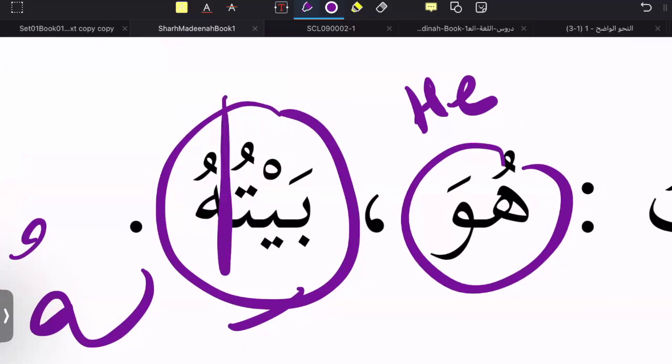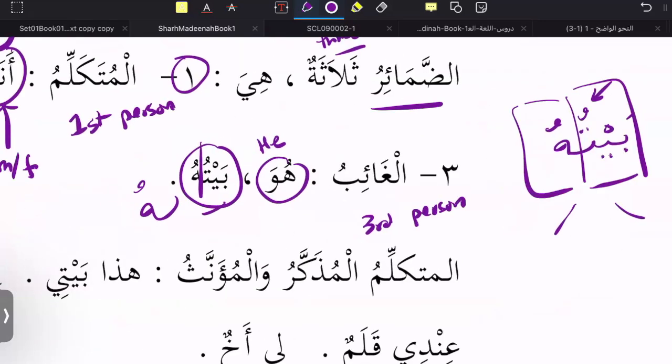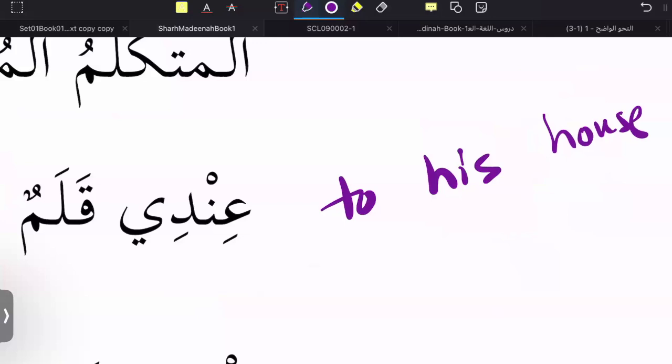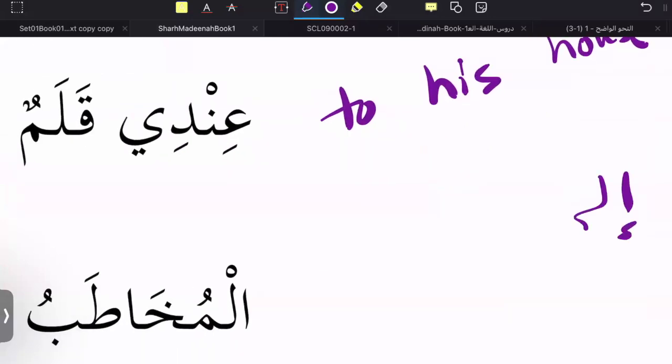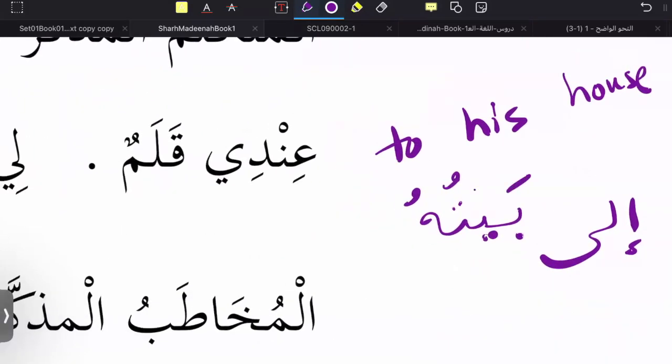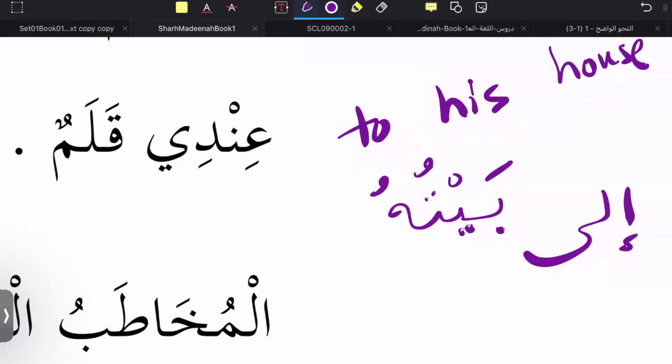Mudaf, mudaf ilayhi. Now, if you were to say to his house, what do we say? We say ila. Now we want to say his house. We just learned, we say baituhu. Now, is it okay? Can we say ila baituhu? No, because we have a preposition. We have to change the first word of idafa.